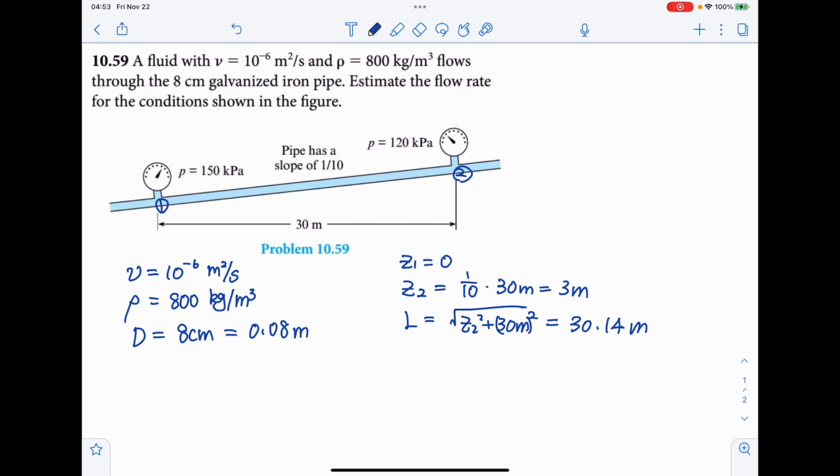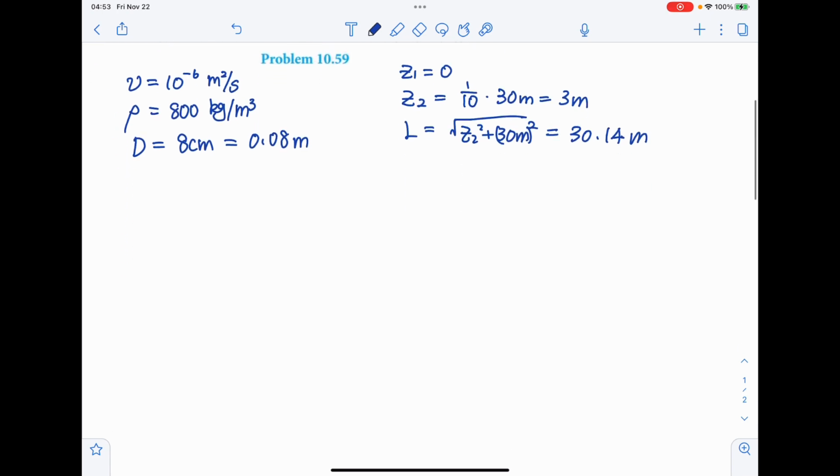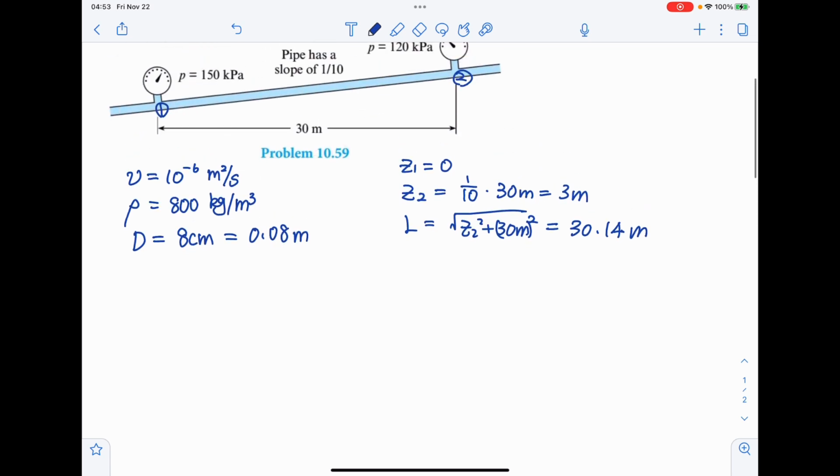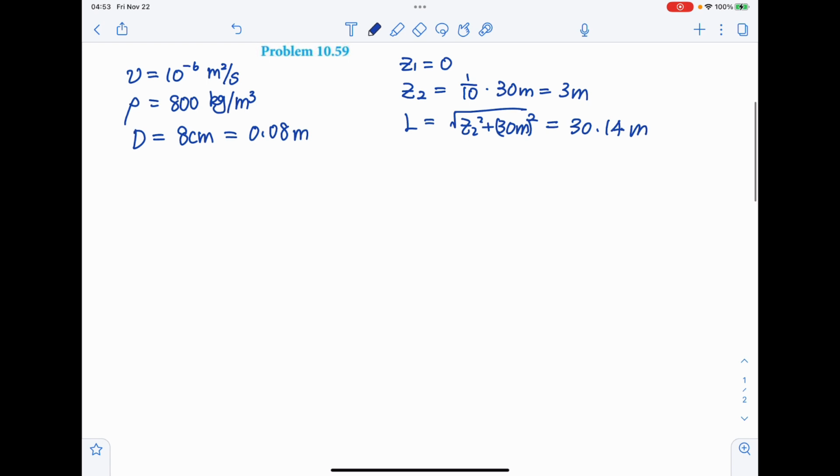Okay, so now we can write down the energy equation between point 1 and point 2. P1 is not 0. It's P1 over gamma plus V1 squared over 2g plus Z1, which should be 0, because we set Z1 equal to 0, and Z2 is equal to 3 meters.